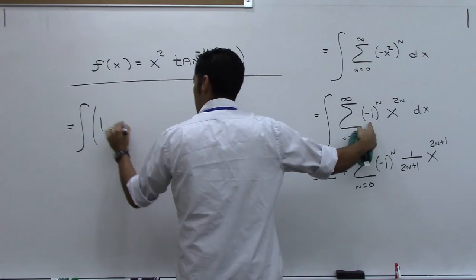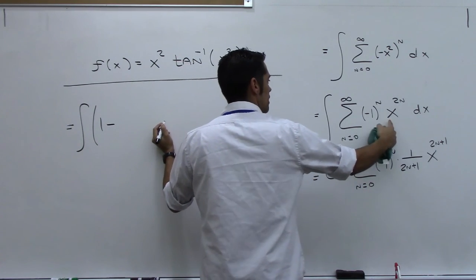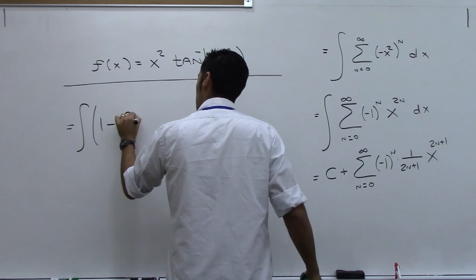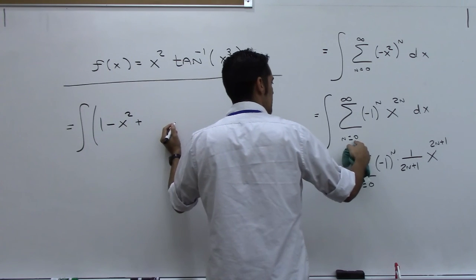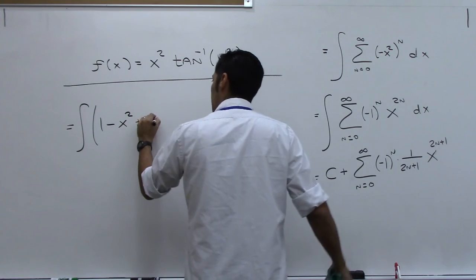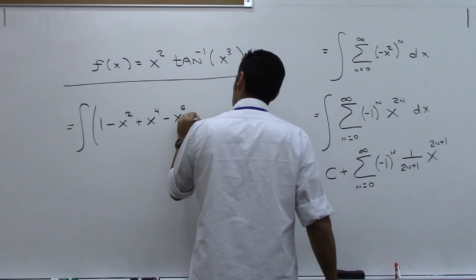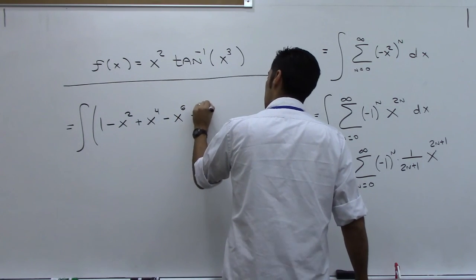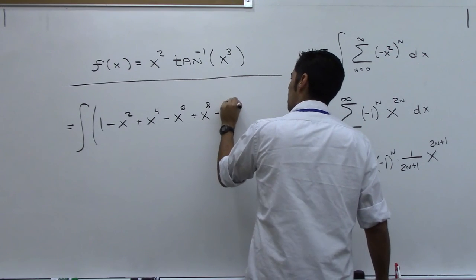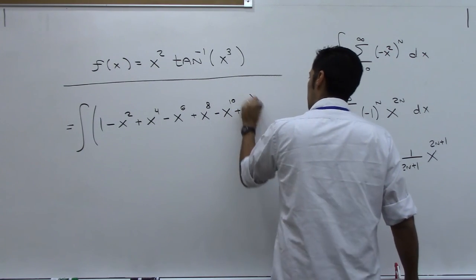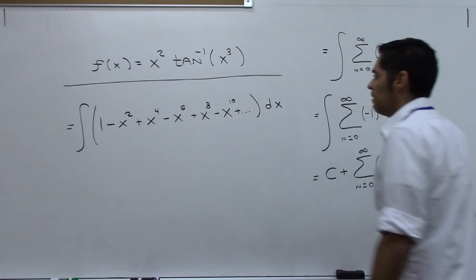If n is 1, we get minus x squared. Then plus x to the 4th, then minus x to the 6th, then plus x to the 8th, minus x to the 10th, plus dot, dot, dot, and we're integrating all of that.